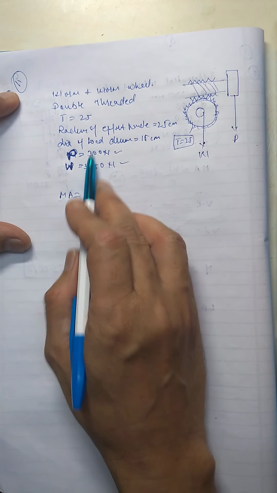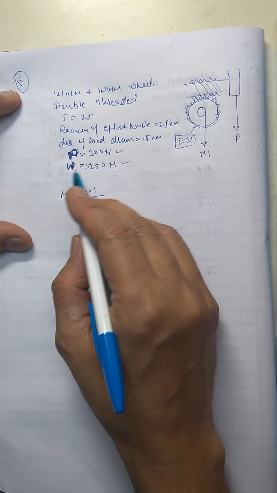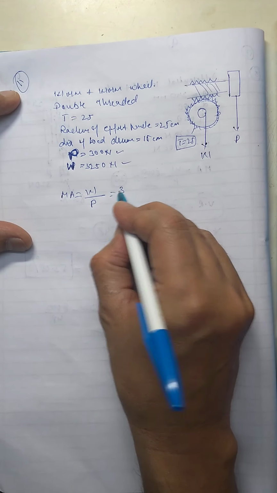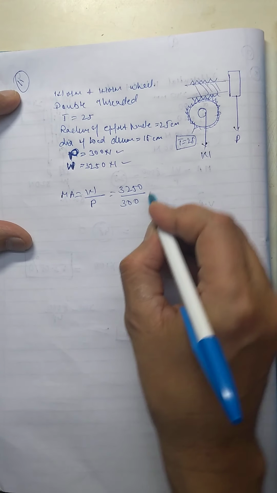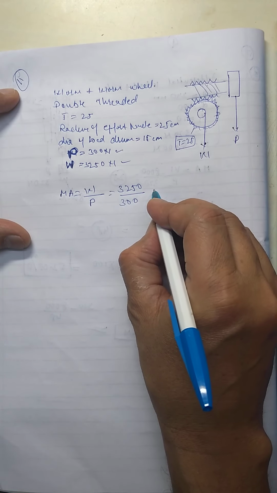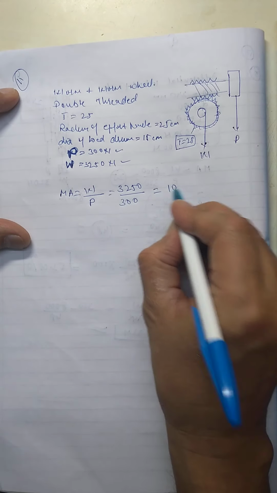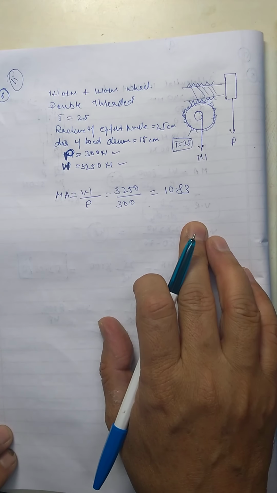So we have to calculate the ratio of both to get the mechanical advantage. So W upon P is equal to 3250 divided by 300, both in Newton. So the mechanical advantage will be 10.83. Okay, this is the mechanical advantage.